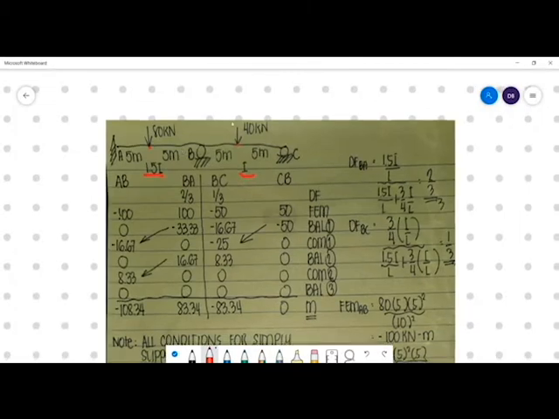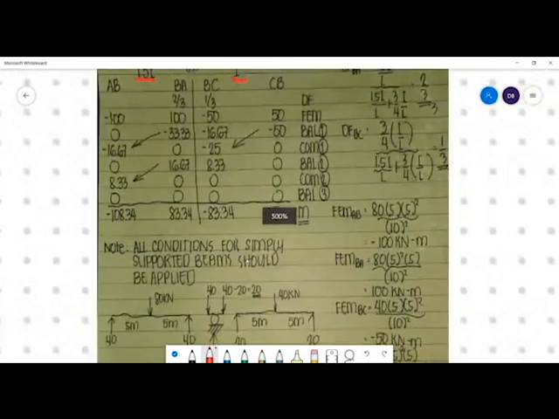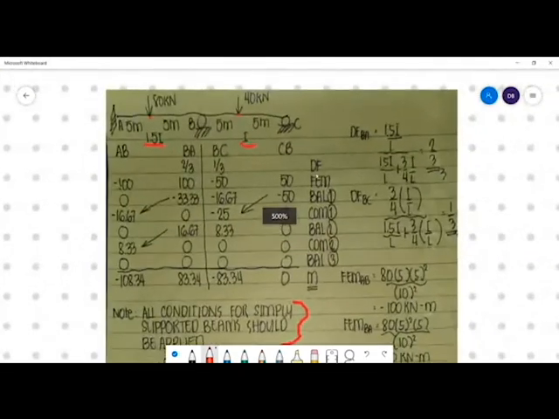Remember, earlier we had conditions for a simply supported beam. For simple supports, we apply all of those here. First we need to determine the distribution factor for BA and then BC, because this is the only joint with two spans, and at the same time it is the only support that is allowed to rotate.